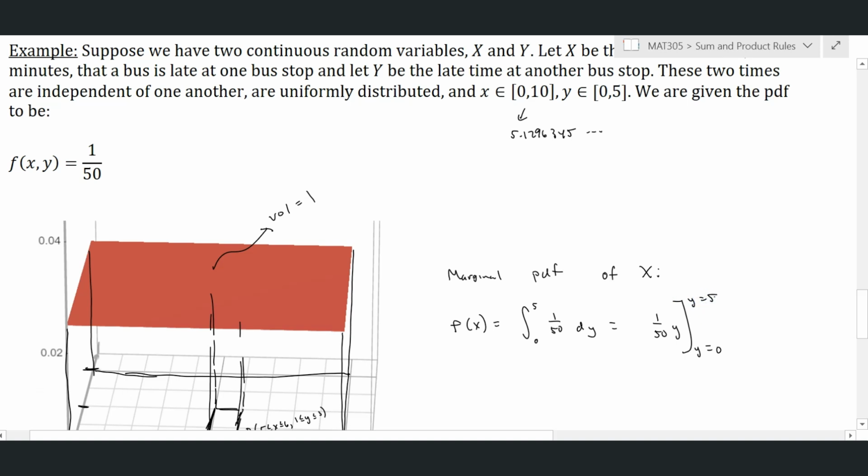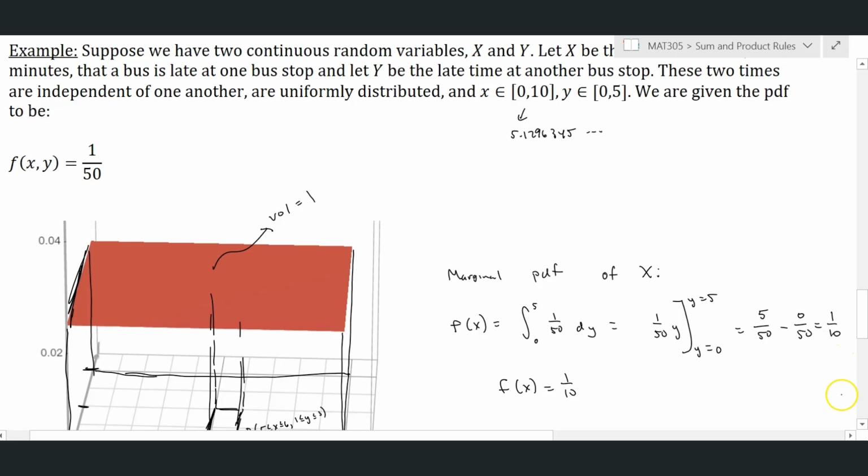We want to sum out across all of the values of y, so basically eliminate this dimension entirely, and so we will get 5/50ths minus 0/50ths, which will give us 1/10. And so that means that the probability distribution for x is just 1/10.